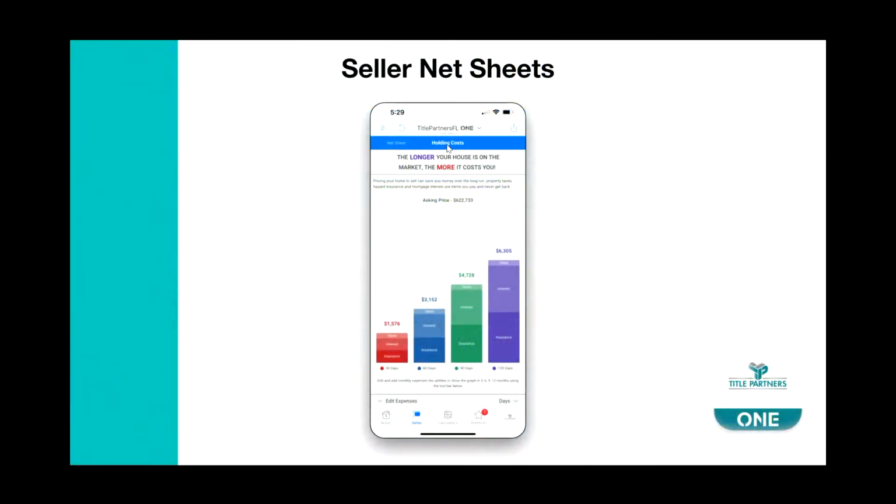All right, so again, if you scroll from net sheets to holding costs, this is where you can show your client, okay, they submitted an offer maybe 10K below what we initially wanted, but if you keep holding on to the property, this is what it's going to cost you every month to hold on to this property.